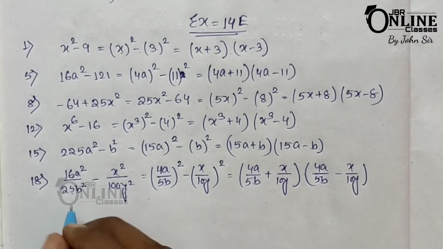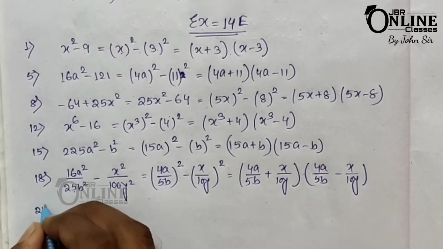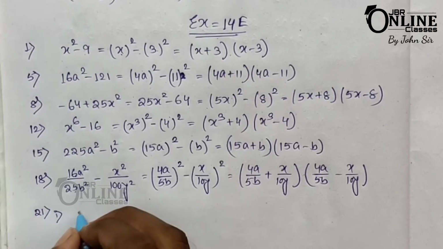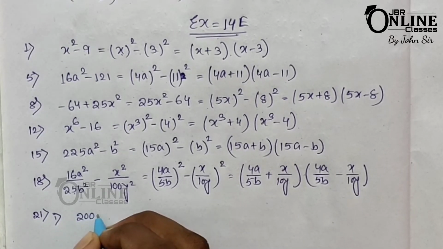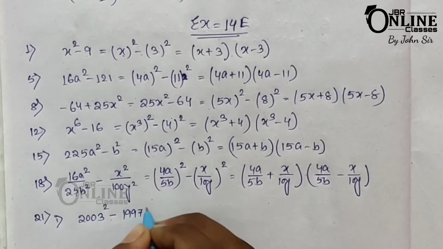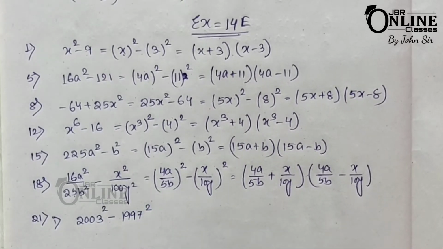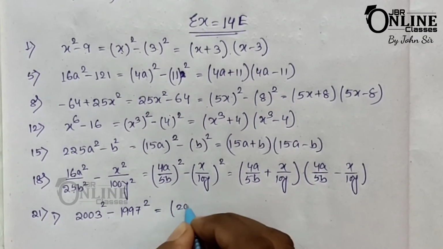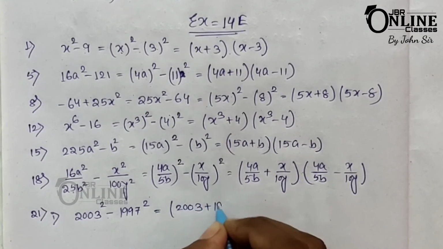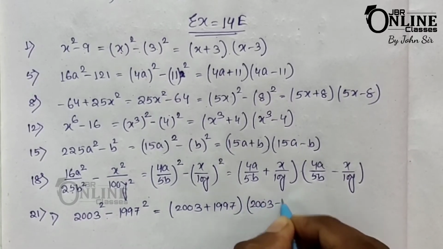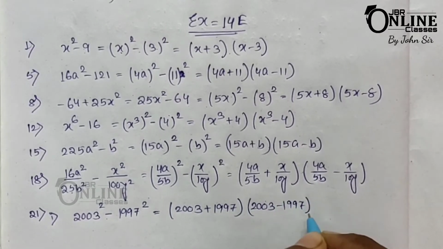Now next one, sum number 21. Here, find the value of 2003 whole square minus 1997 whole square. So here you simply apply the formula a square minus b square. That means 2003 plus 1997, and the second one 2003 minus 1997.